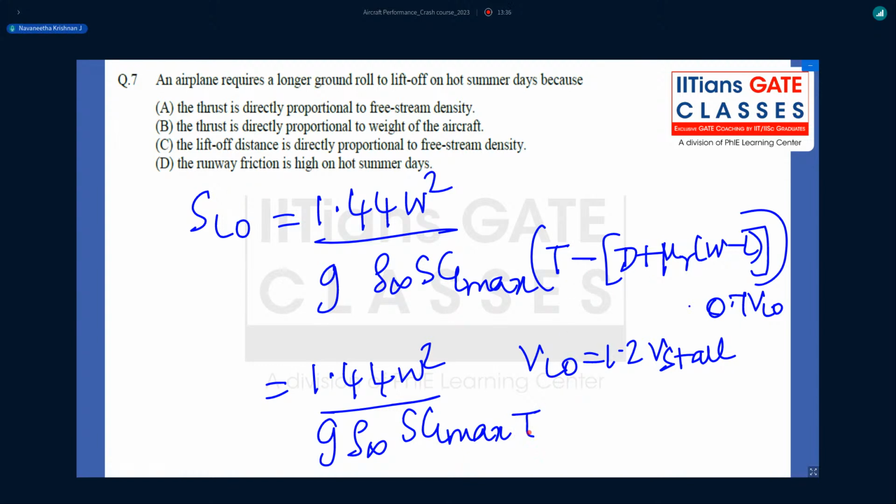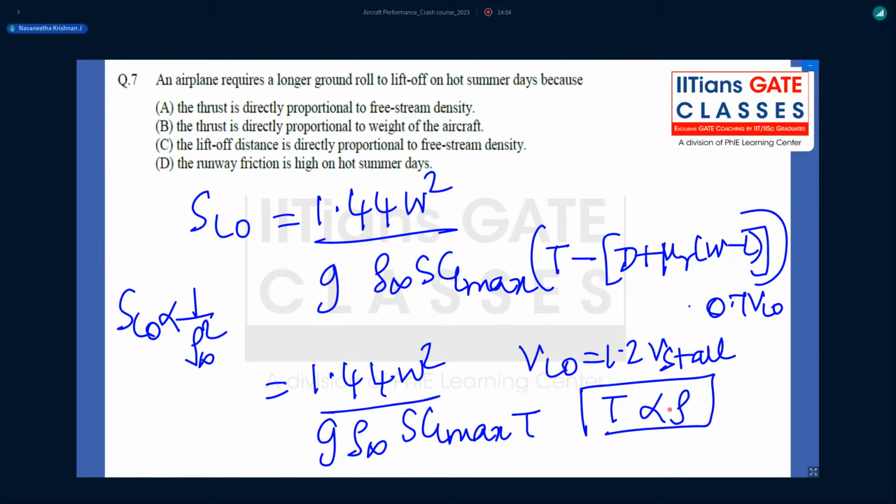We know that thrust is directly proportional to density of the air, because thrust is directly proportional to mass flow rate of air entering the engine. Already there is a density term here. So S liftoff is inversely proportional to density squared, because thrust is a function of density. So there is one density term, density into density, density squared.